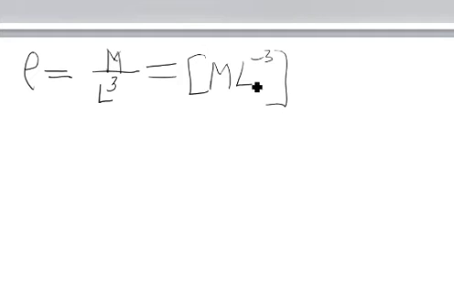This is the dimension of density, and the SI unit is kilogram per meter cubed.